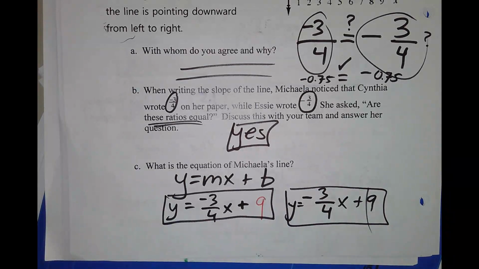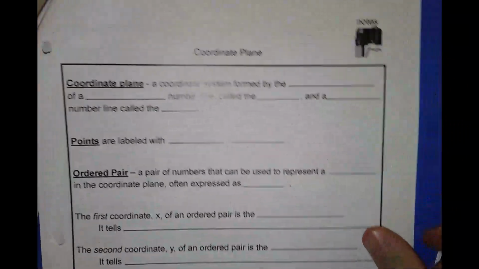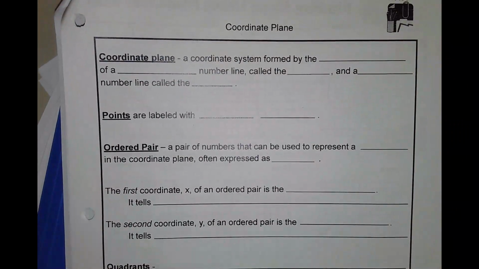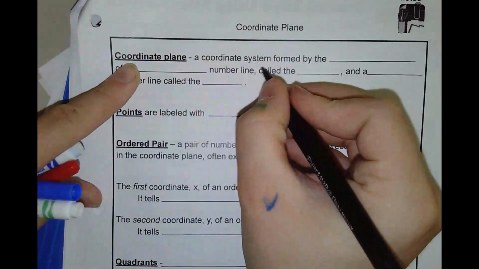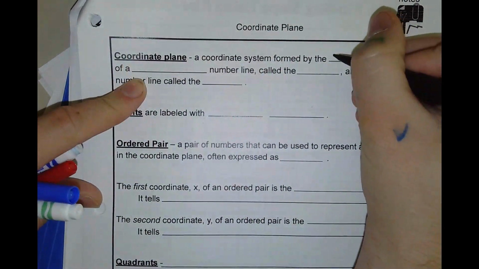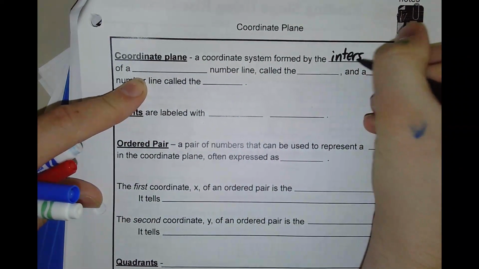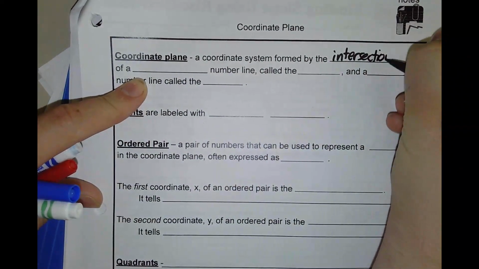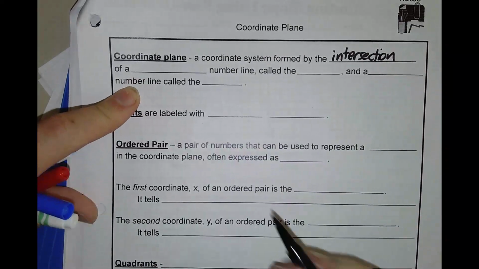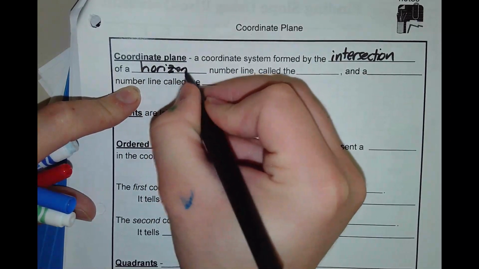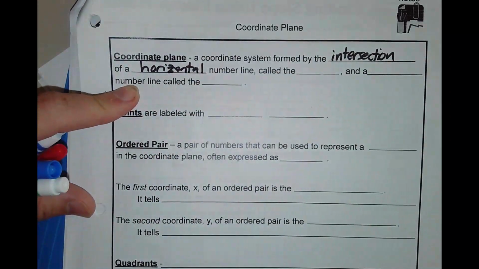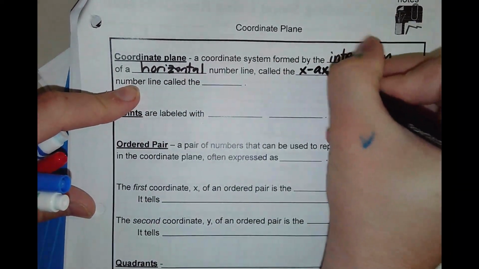All right, go ahead and flip your paper to the next side. We're going to take some notes on the coordinate plane. For this one, coordinate plane: a coordinate system formed by, write this down, the intersection of a horizontal number line called the x-axis.